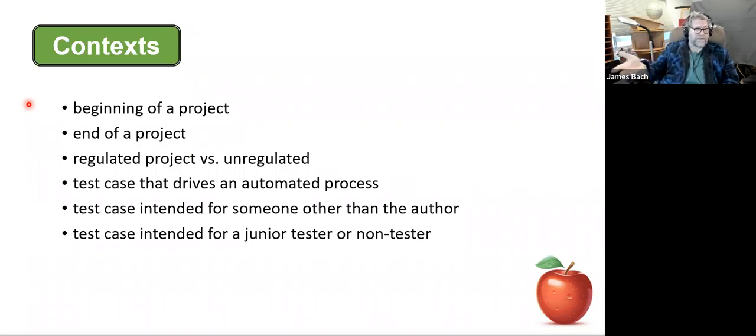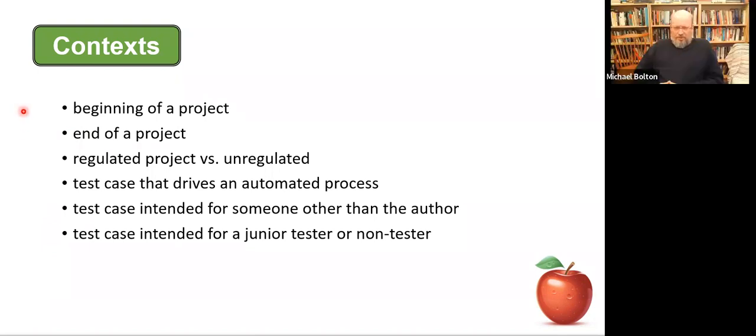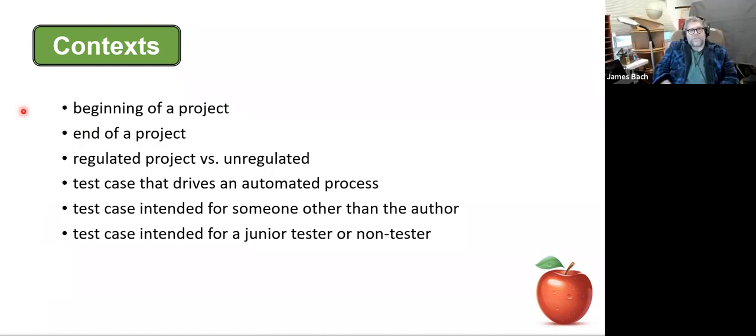A special case of that is something intended for a junior tester or someone who's not a tester at all, a business analyst who might be following this. Depending on the context or combination of contexts. And that's just a sample. These are some pretty prominent ones, but there could be other kinds of contexts.